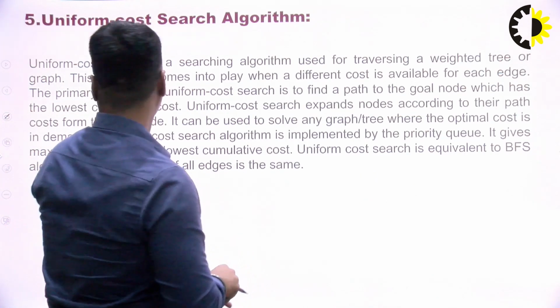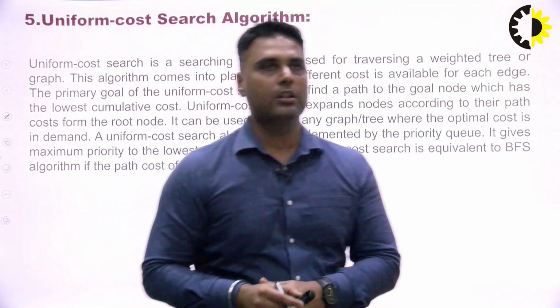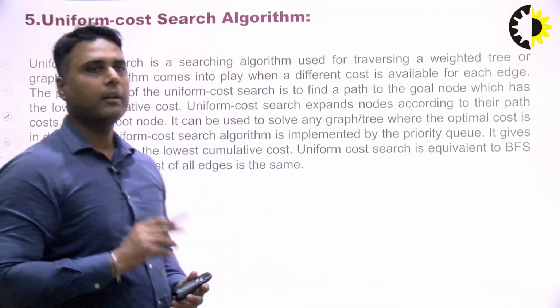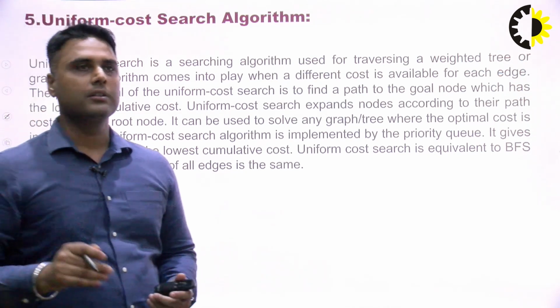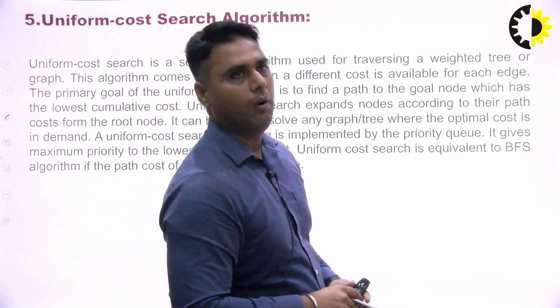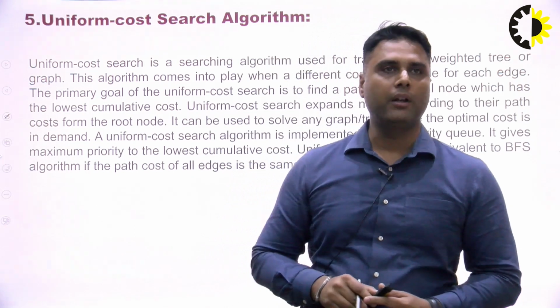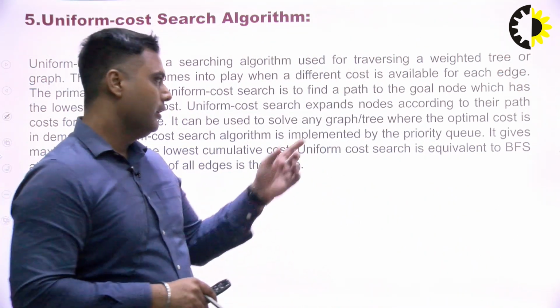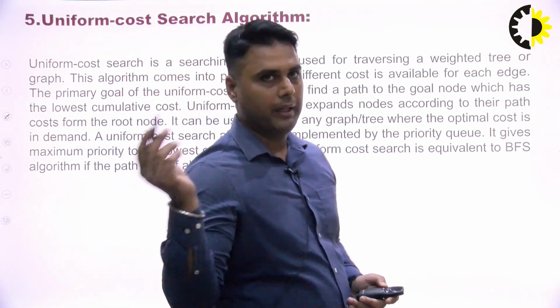Previously I discussed that uniform cost search is a searching algorithm used for traversing a weighted tree or graph. That means the searching technique is in weighted form. The algorithm comes into play when a different cost is available for each node edge, as I discussed in my example.